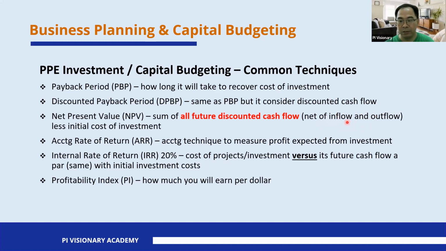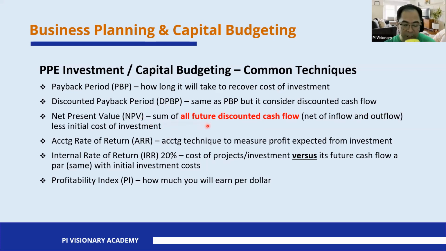from the future years, you net off the cash received from the sales minus the cash paid out for the cost of goods sold and operating expenses, and then it is discounted, then you get the net present value.